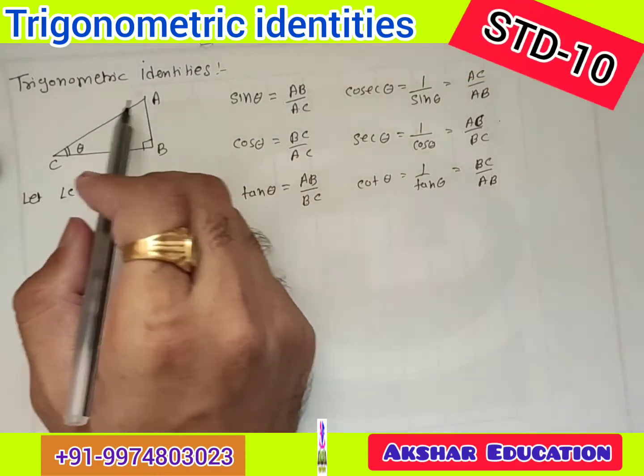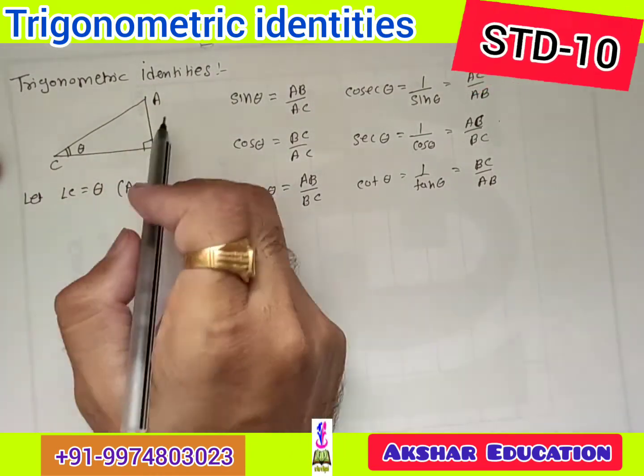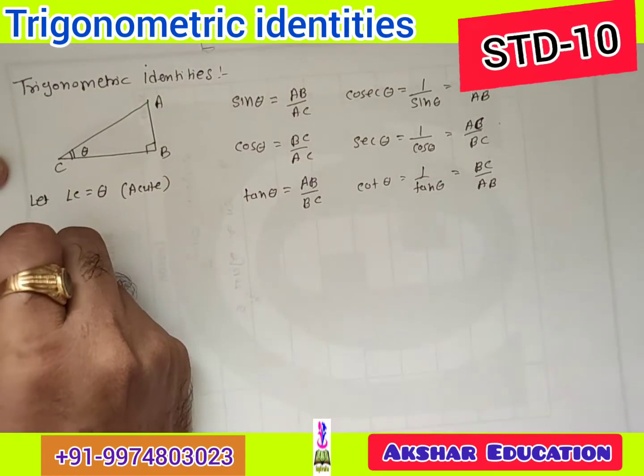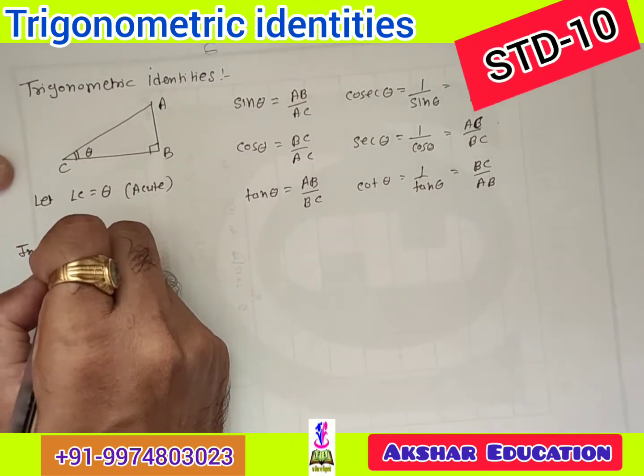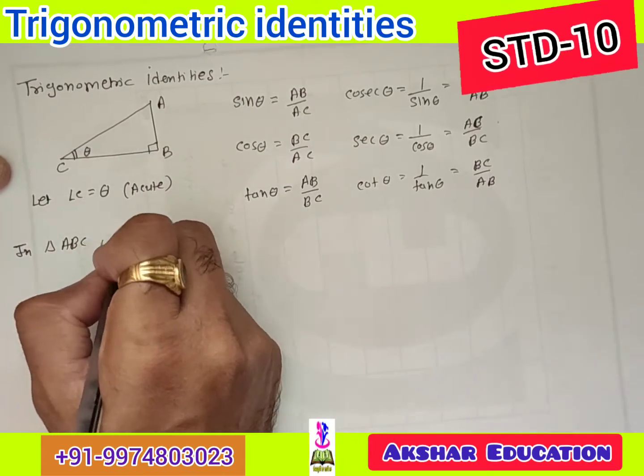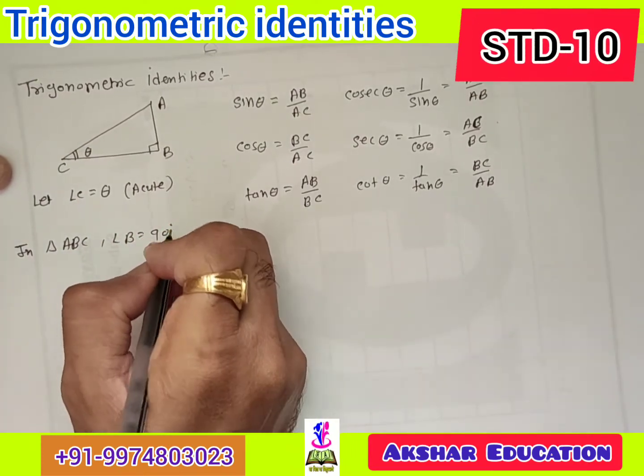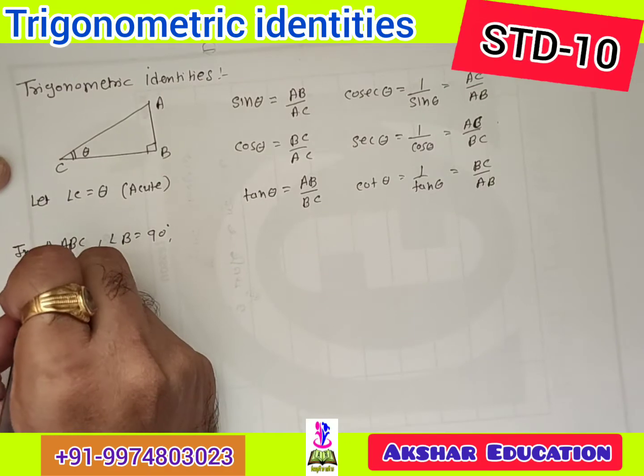Done. So again start with this right angle triangle. So in this right angle triangle ABC, angle B is 90 degrees, and here we can apply Pythagoras theorem.